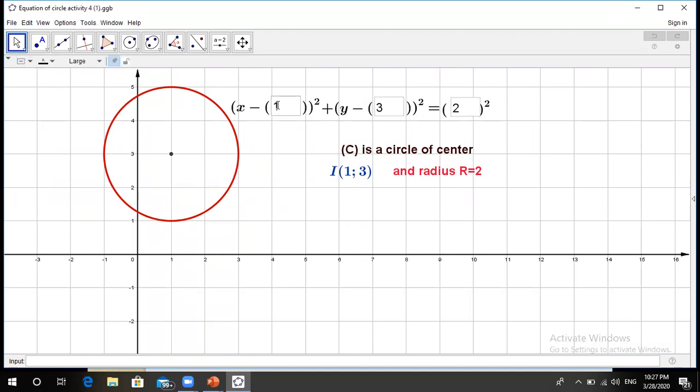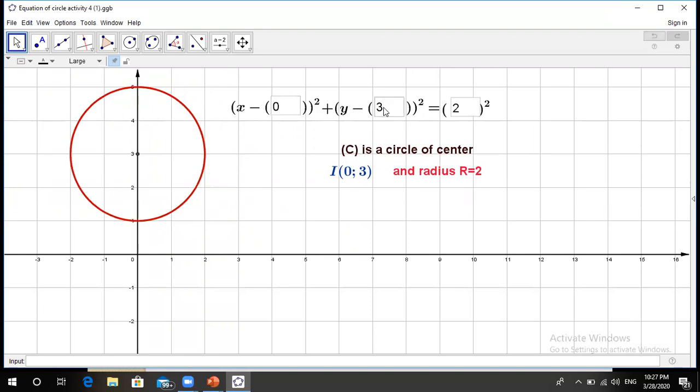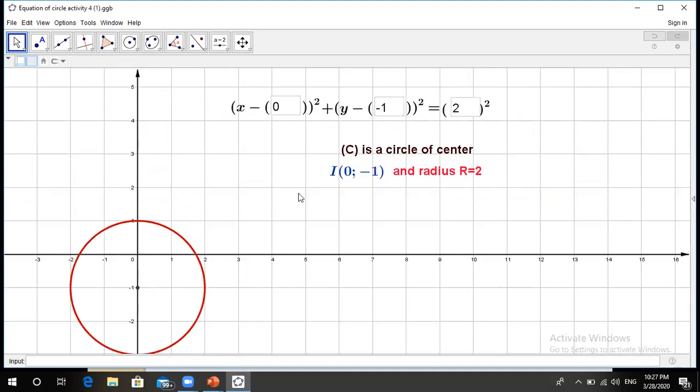Let me change now the coordinates. For example, let me put here 0. Let me put here, for example, -1. So the circle now has the center I (0, -1) and its radius is 2. And as you can see, the equation now is x squared, no need to say minus 0, it's x squared plus (y plus 1) all squared equals 4.